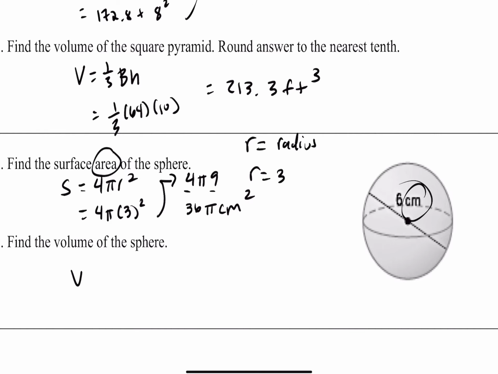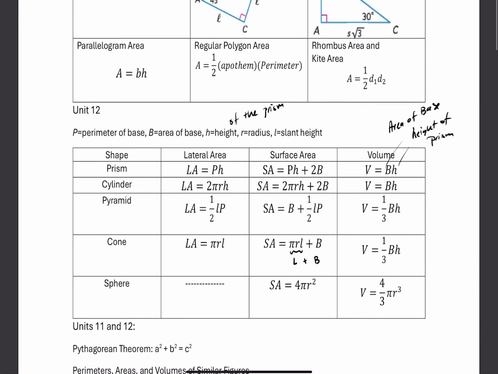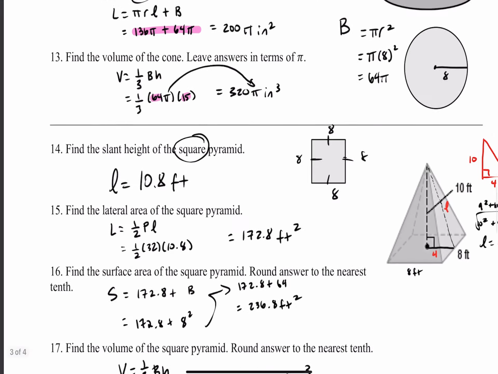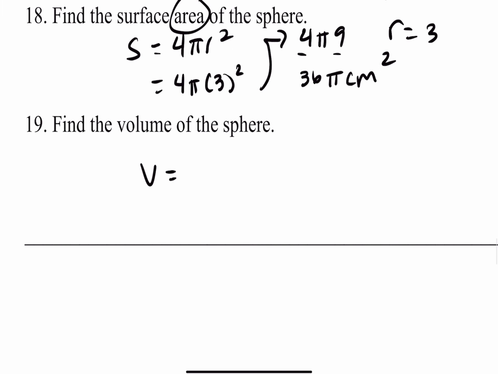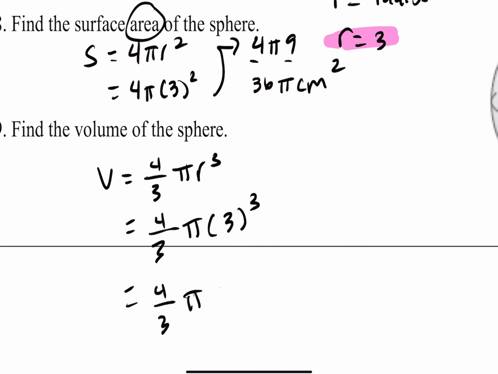And then the volume of the sphere is 4/3 pi r cubed. So V equals 4/3 pi r cubed. We said that the radius is indeed 3. So 4/3 pi times 3 cubed, so we have 4/3 pi times 27.